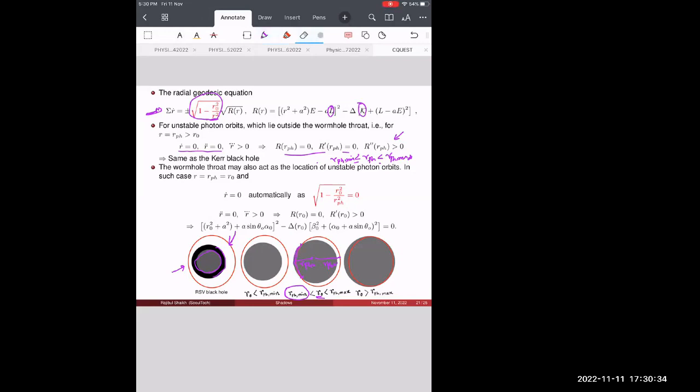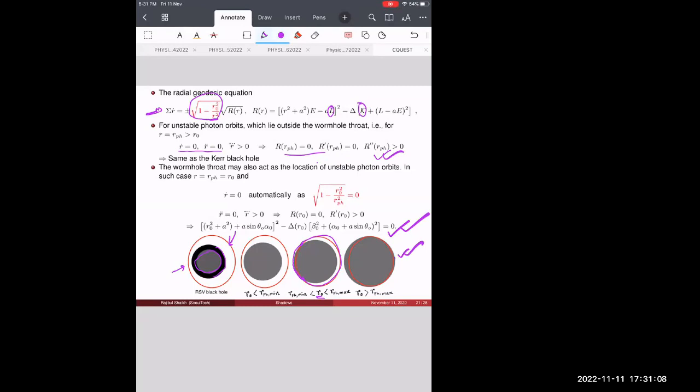So in this case the shadow will be given by this part, by this equation, meaning by the unstable circular orbits of the exterior Kerr geometry, and this part of the shadow will now be given by the unstable circular orbits located at the wormhole throat, that is by this equation.